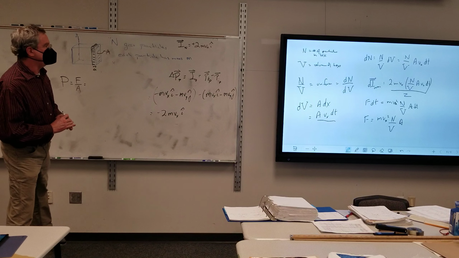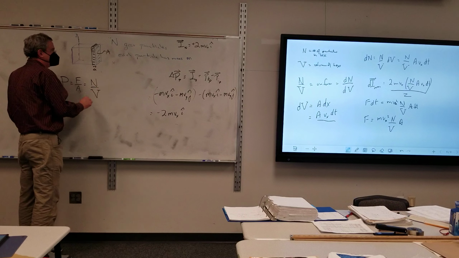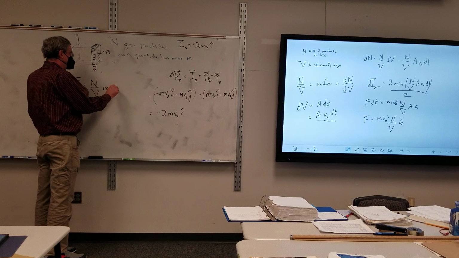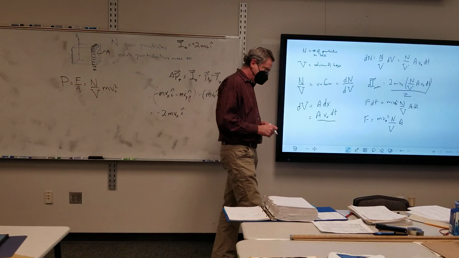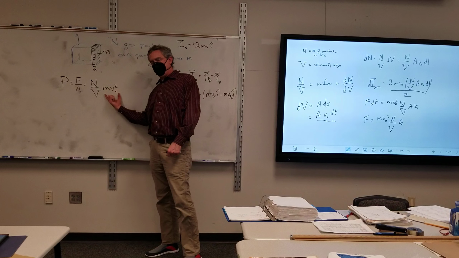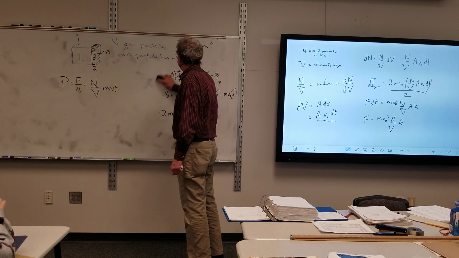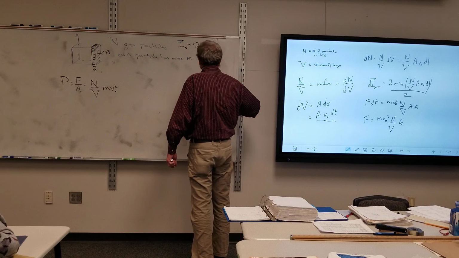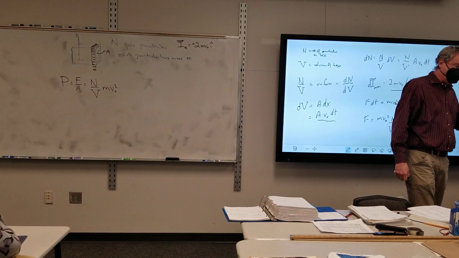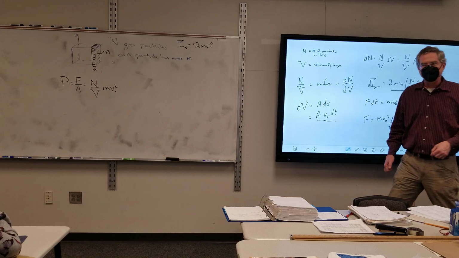And so we are left with, changing the order slightly, N over V m vx squared. Now hopefully you can start to see some formation of something related to kinetic energy, the formula that all of you know. However, the kinetic energy of a particle depends not on the speed in a particular direction, but on the speed.